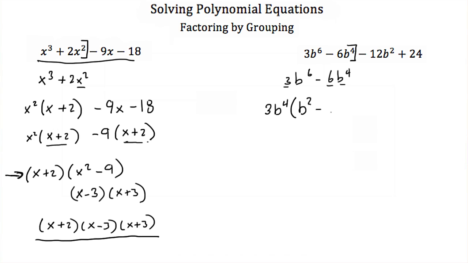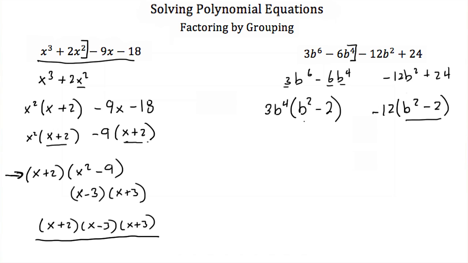minus 2. So let's look at our second two terms that we've grouped together, the negative 12b squared plus 24. The only thing I can factor out here is a 12, but I'm going to factor out a negative 12. Well, here we have 3b to the 4th times b squared minus 2, and then minus a 12 times b squared minus 2.